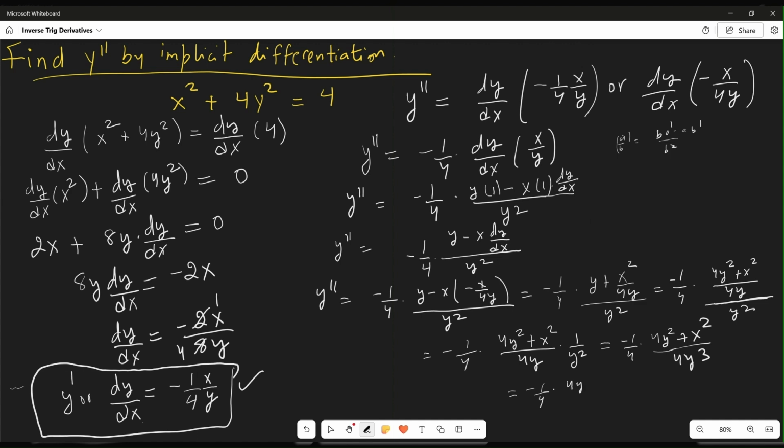We can write this as 4y squared over 4y cubed plus x squared over 4y cubed. Am I doing this right?